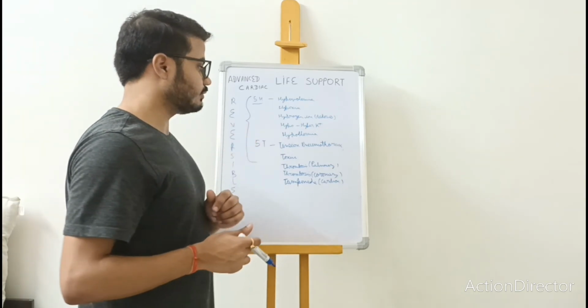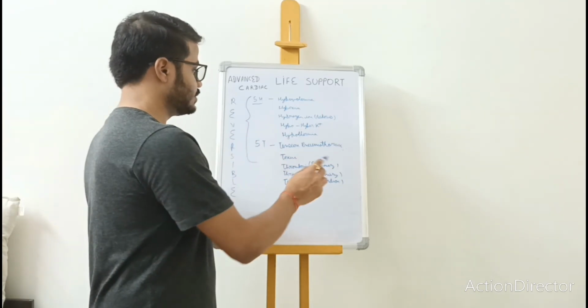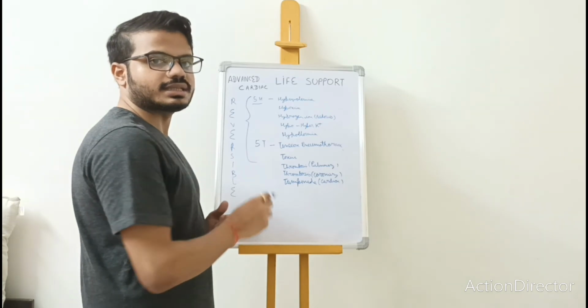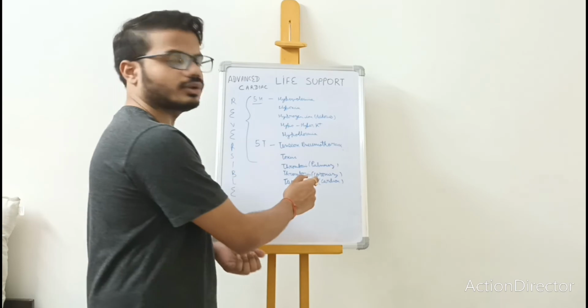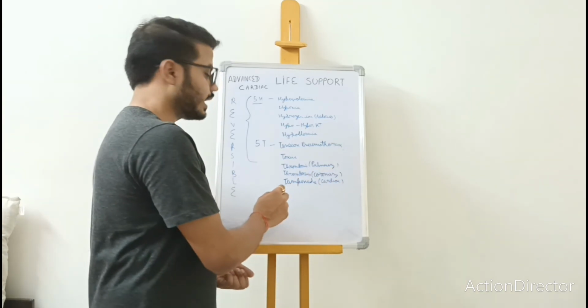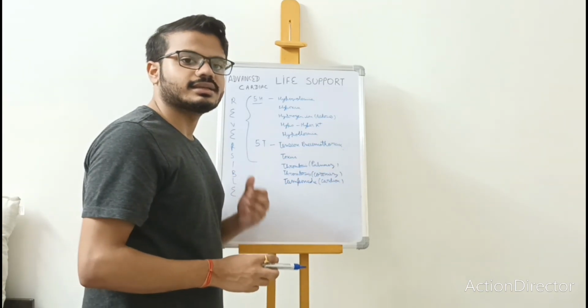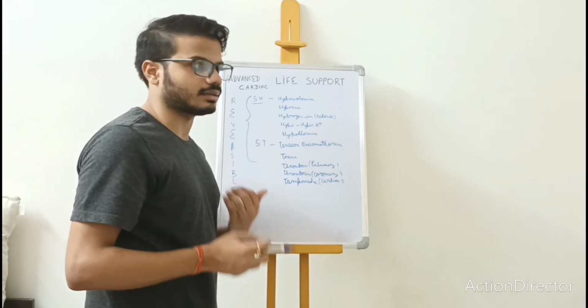And then 5T stands for tension pneumothorax, toxins, then thrombosis, which may be either pulmonary thrombosis or coronary thrombosis, and last is tamponade, which is cardiac tamponade.